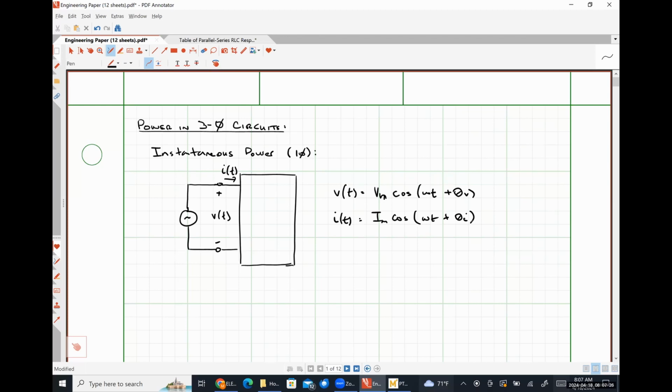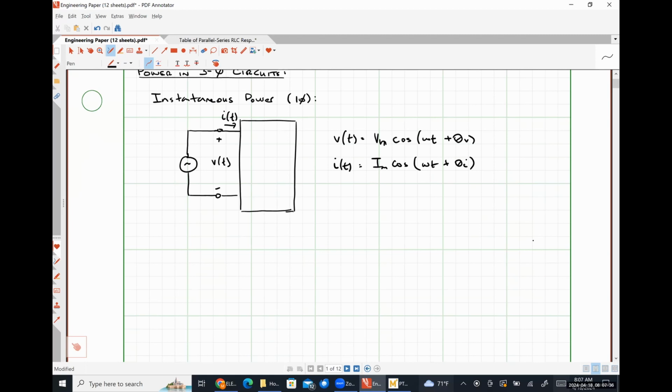This is pure review of the sinusoidal steady state circuit analysis that we did at the beginning of this class. So I have these two sinusoidal signals. My instantaneous power, P of t, I'm not going to derive this, it's just a trig identity, is simply the product of our voltage V of t and our current I of t.